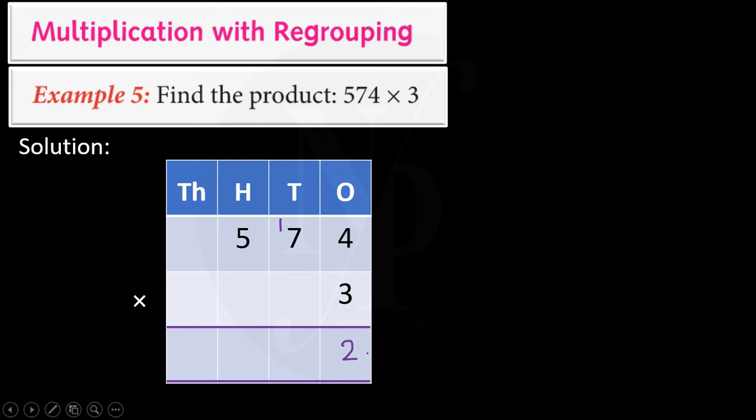And then we multiply the digit at tens place by 3, that is 7 tens by 3. So on multiplying 7 tens by 3 we get 21 tens. 21 tens plus 1 ten will be 22 tens, and 22 tens are regrouped as 2 hundreds and 2 tens.